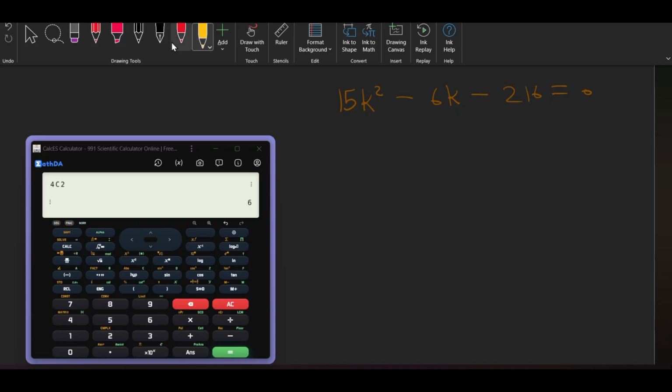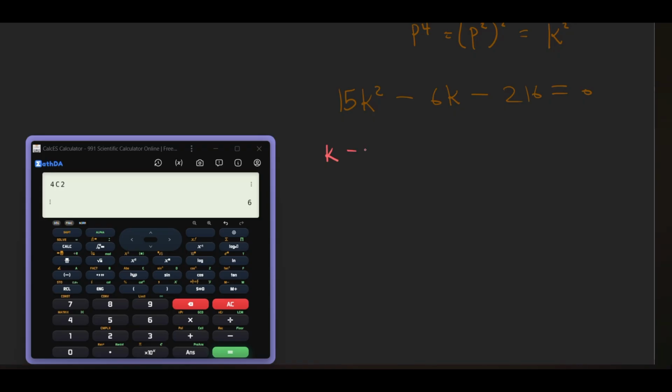Now you can easily play around with this one if you remember the formula. The formula is also given on MF19, so you don't need to worry about that. So k is equal to minus b plus or minus the square root of b squared minus 4ac, all over 2a.